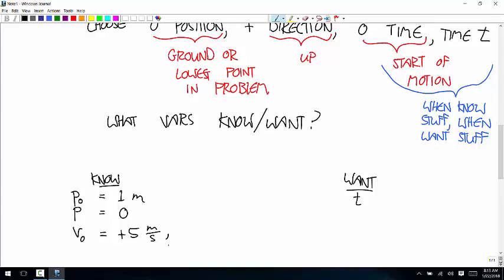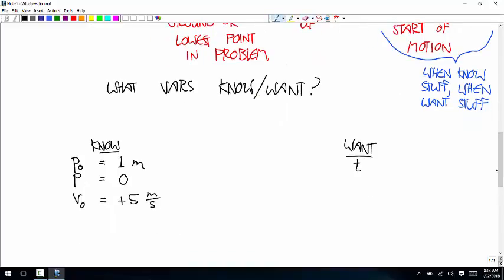Nope, we want to find that in part B, but for now we don't. So I'll just leave that off of everything. Do we know the acceleration? Yeah, free fall problems. It's always just downwards at 9.81. Our positive direction's up, so down is negative.